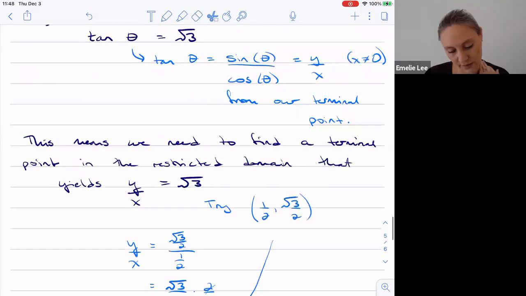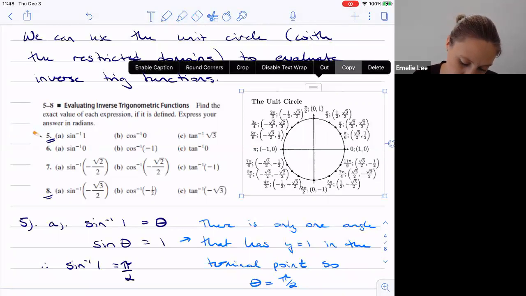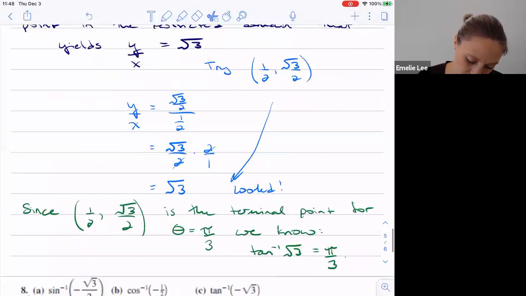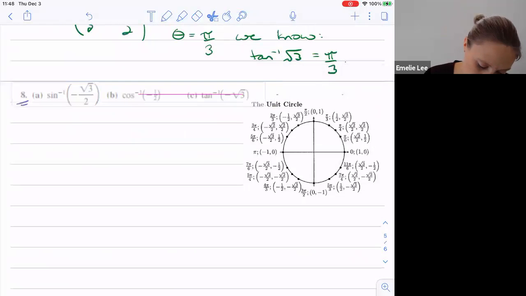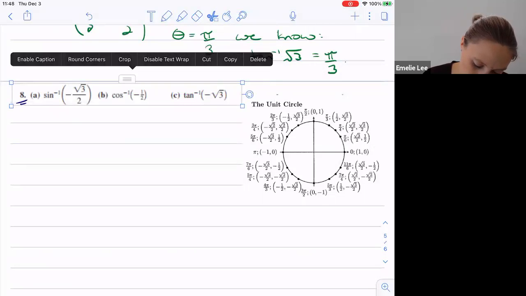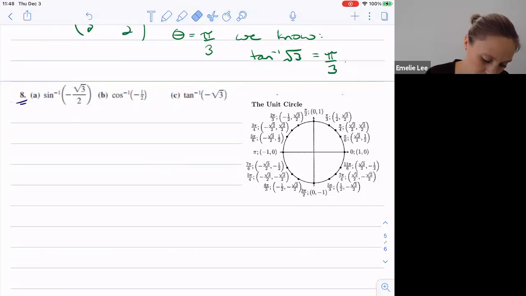And let's bring in the unit circle copy. It's going to be everywhere in these notes. Nice to have. Okay, so we do the same thing. Oh, can't erase that. That's okay.